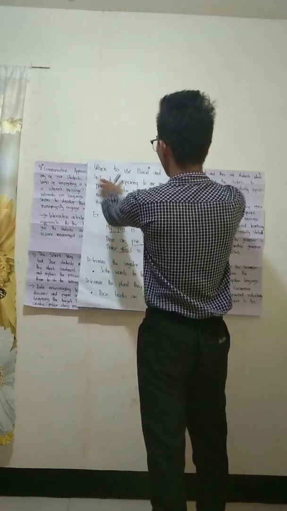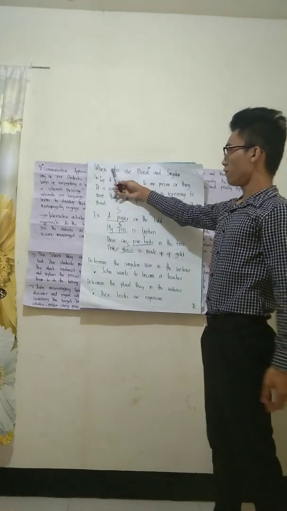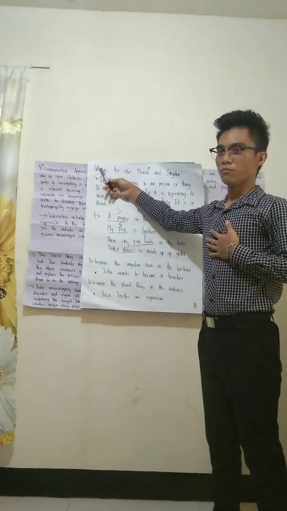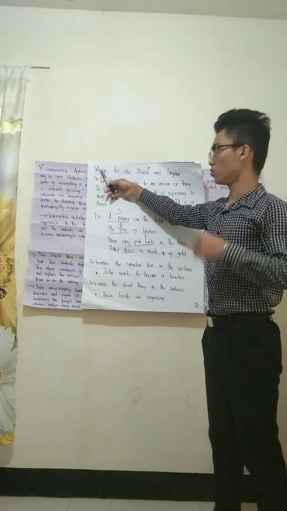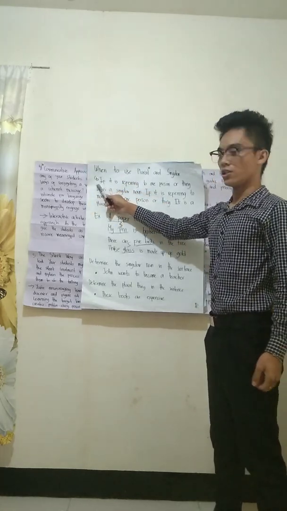When to use plural or singular. If I am the teacher, I will explain this topic to the students. If it is referring to one person or thing, it is a singular noun.